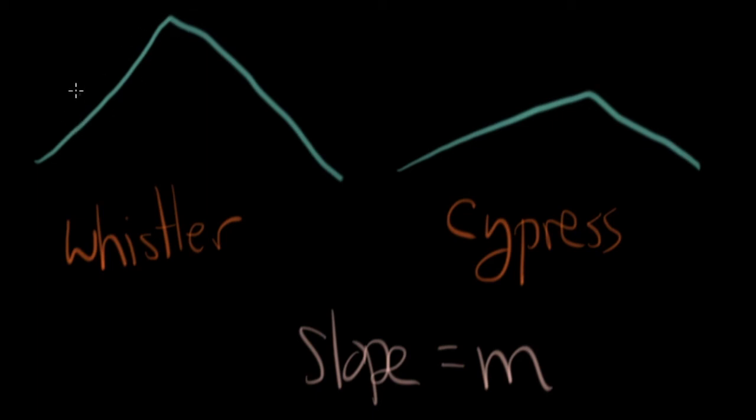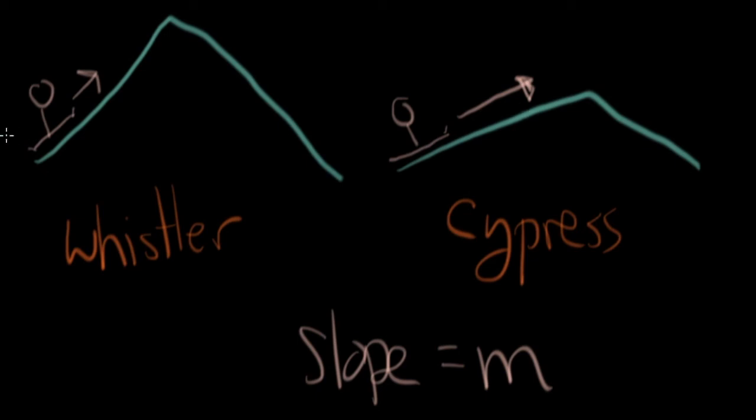So if I was going to look at, say, the slope of this Whistler Mountain, so if here is a little guy, and for some reason he's on a snowboard, and he's trying to go up, which is kind of weird, but just work with this right now. And say there is this guy, and he was on a snowboard, and he was also going up. And I say, which slope is steeper?